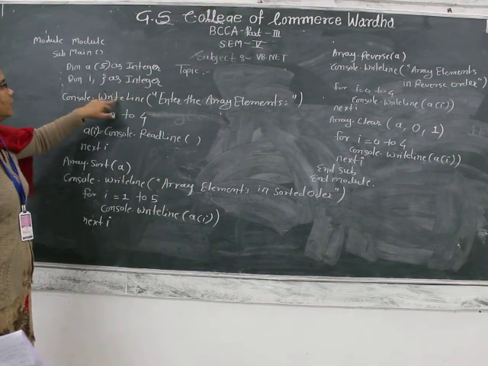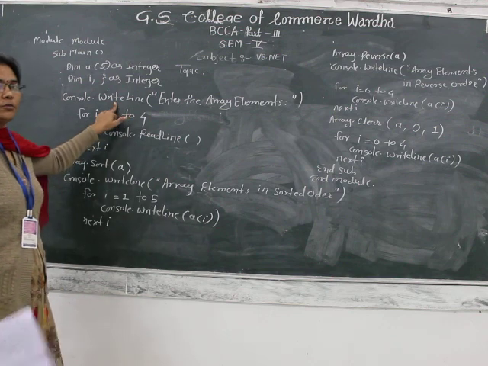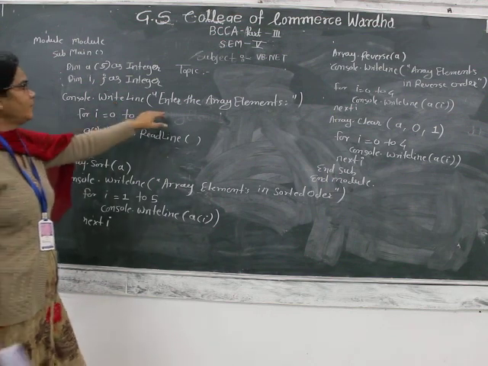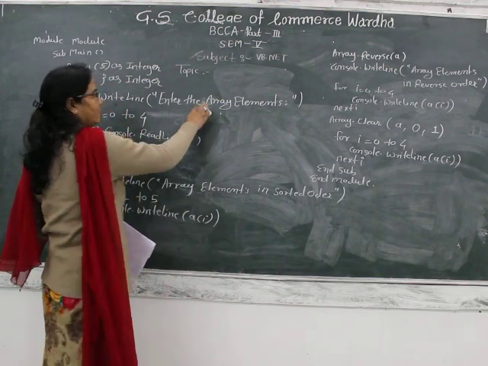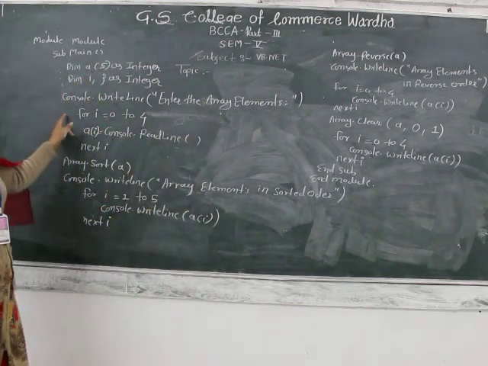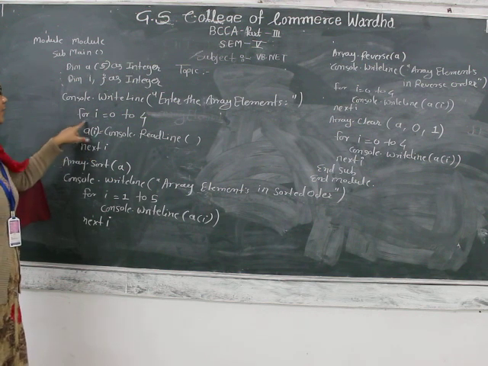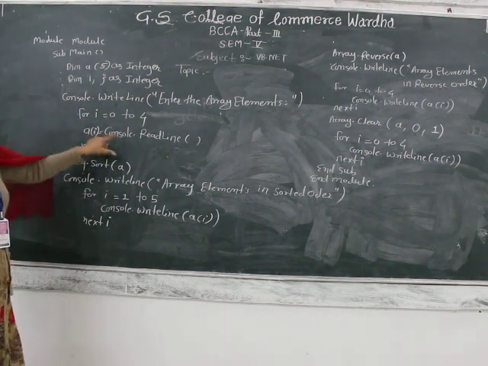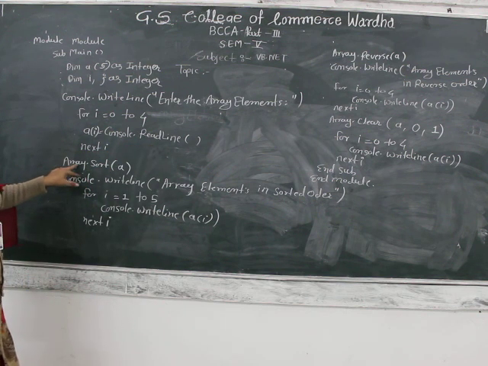Here I am just printing the information to the user for entering the 5 elements. You can write here the 5th element of array. Then I am storing the element in A by using the ReadLine method. After that I used Array.Sort.